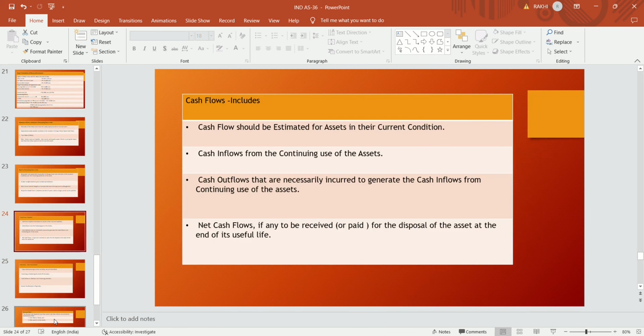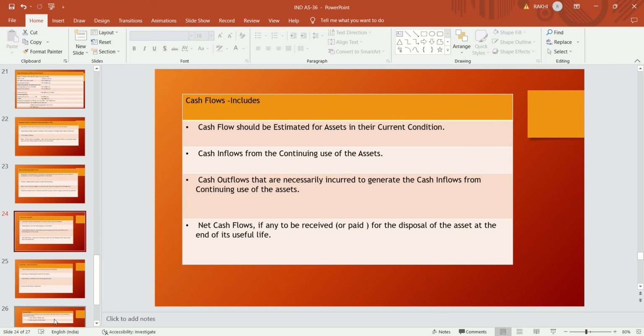Now, what are the cash flows which are included and the cash flows which are not included in estimating the value in use? Cash flow should be estimated for the underlying asset in its current condition. Suppose the asset was purchased 4 years back and we are testing it, determining the value in use after 4 years of the purchase.